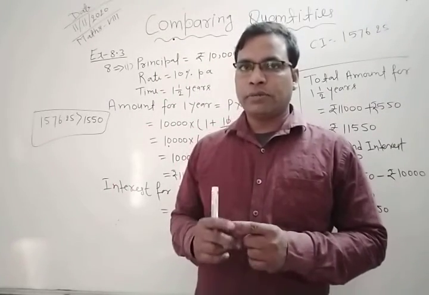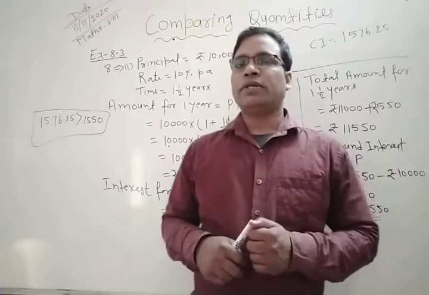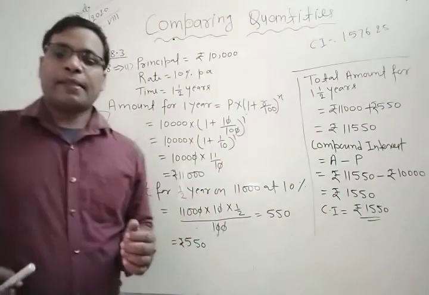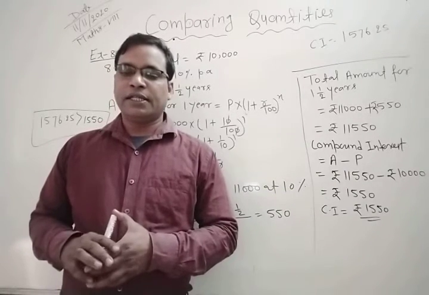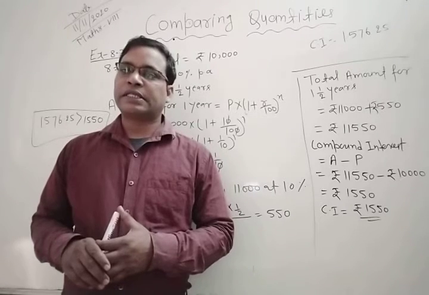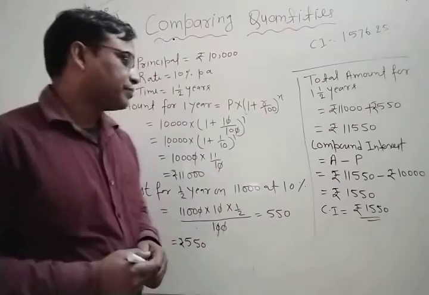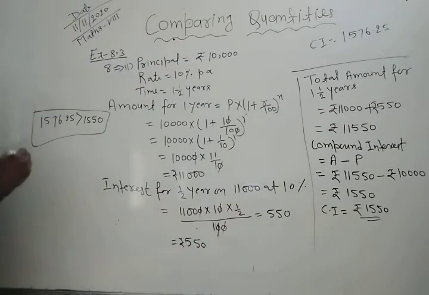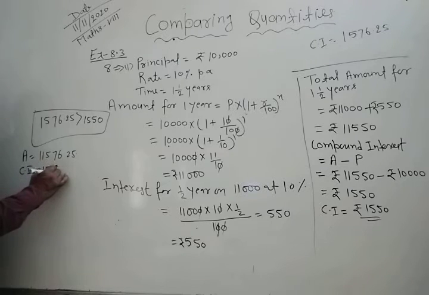So first we find the amount compounded half yearly, which is 11,576.25, and the compound interest compounded half yearly is 1,576.25.